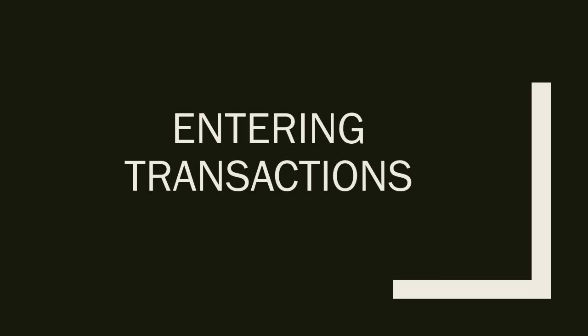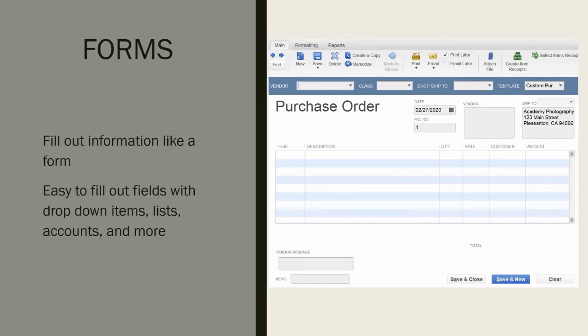All right, now let's talk about how we enter transactions into QuickBooks, okay? The easiest and most common way is going to be forms. Now, when I pull up this window for my purchase order, it is straightforward, right? You have bubbles and boxes to enter your information, just like when you go to a doctor's office.